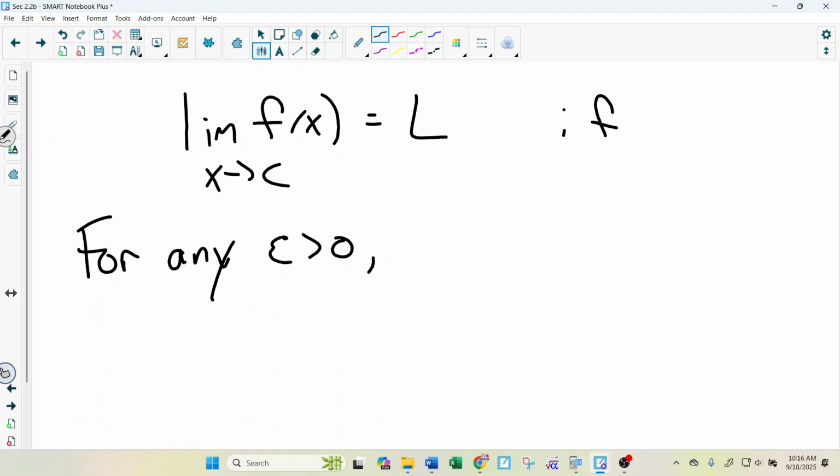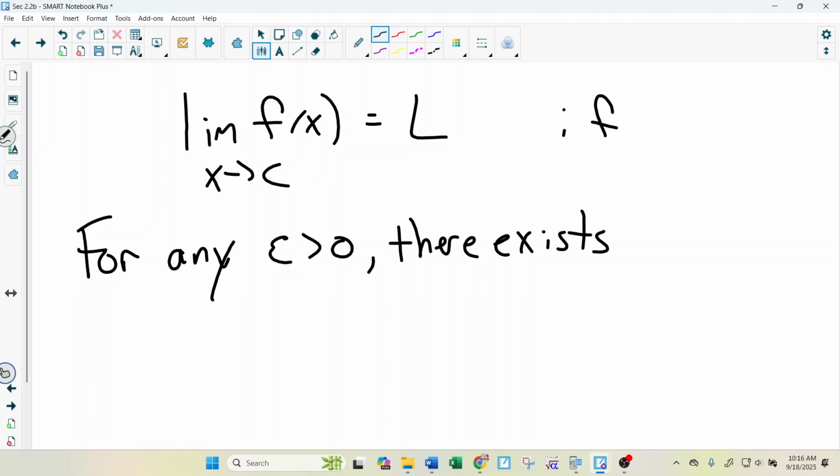For any epsilon greater than 0. The other one, it's like the upside down thingy we're doing. What's it called? Does it start with a D? We first need to say there exists a what?